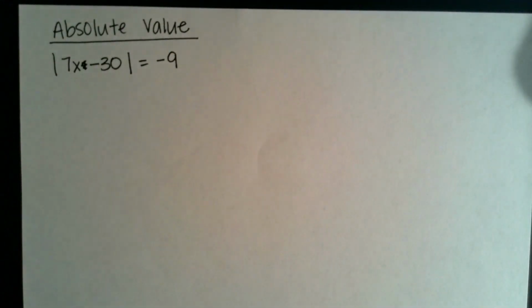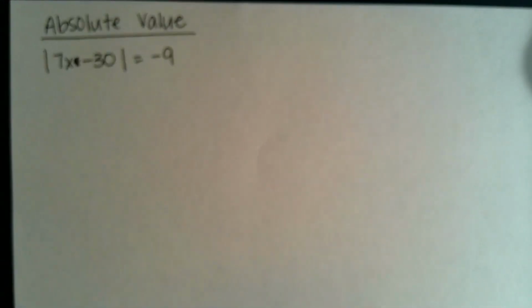The absolute value of 7x minus 30 equals negative 9. What do you remember about absolute value, Emma? The absolute value of something can't be negative. When you take the absolute value of something, it turns it positive.